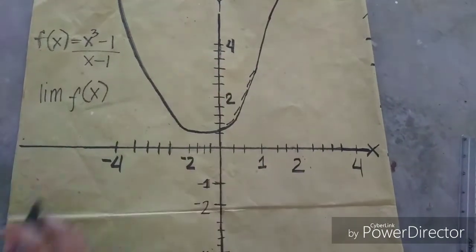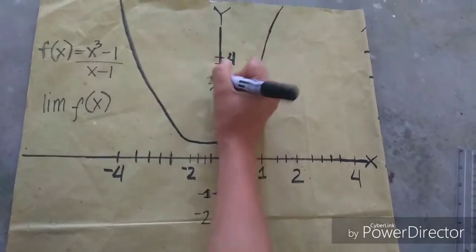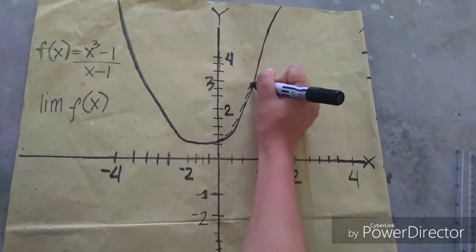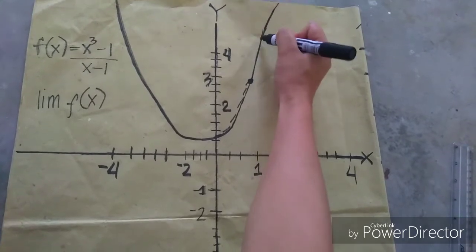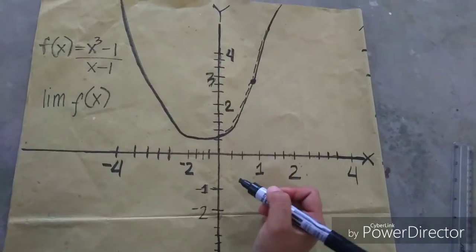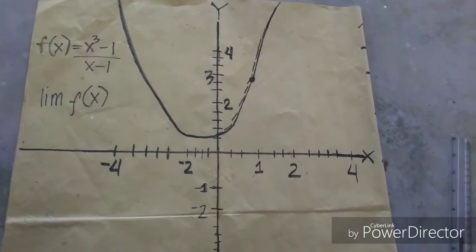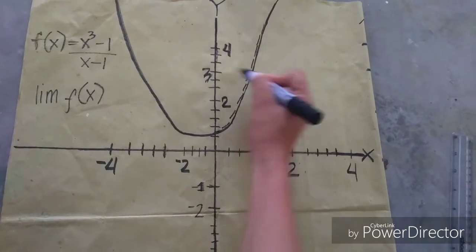Our function values are getting closer and closer to 3. Same thing from the other direction. If we trace along as x gets closer and closer to 1, our function values are getting closer and closer to this 3 right over here.